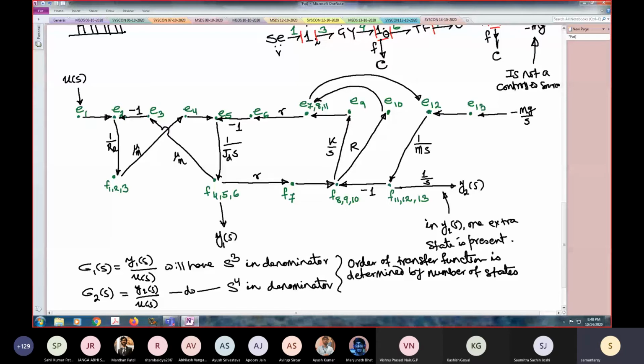So how many times is that 1 by S appearing? In the original system, without this extra 1 by S for displacement measurement, if you do not measure displacement, if you measure any effort or flow, your transfer function will always be of third order. That means in the denominator, you will have S to the power 3 appearing. So there will be 3 eigenvalues for this system.